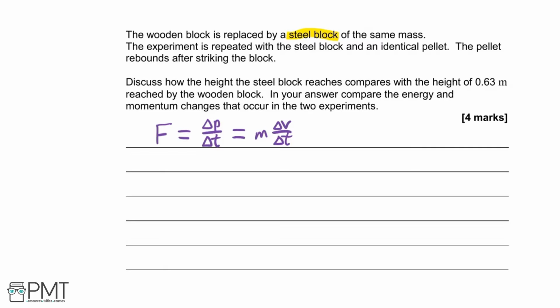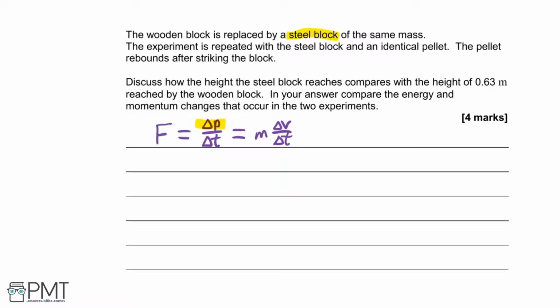The thing that I'm pointing out here is that if the pellet is rebounding, it's traveling in one velocity going forwards, but then it's changing velocity by a larger amount. So in the steel block case, this value of delta P is going to be greater because it's changing direction and going back the other way. Whereas in the case of the wooden block, the pellet is traveling at some speed and then it's just stopping.